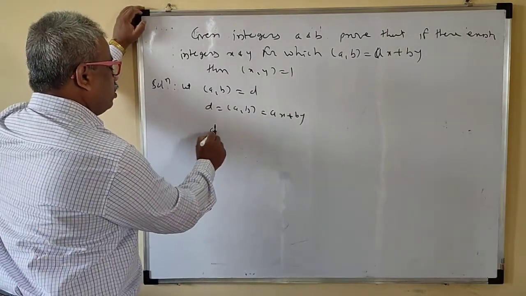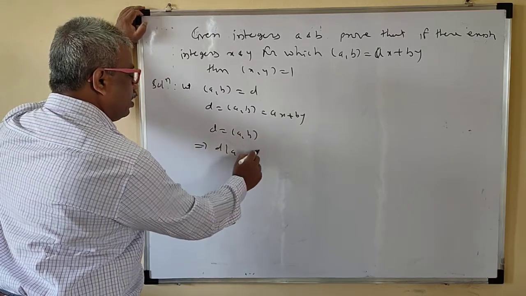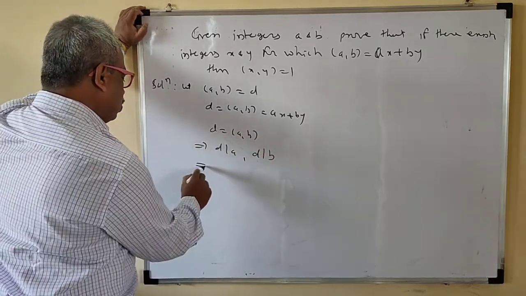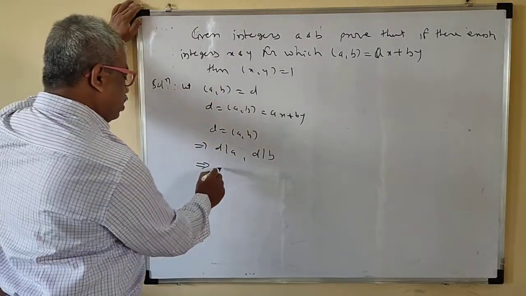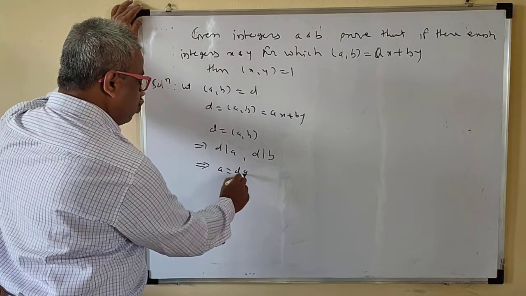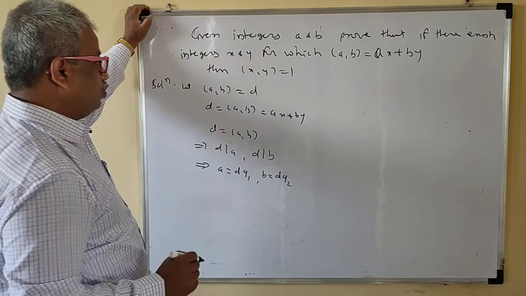So now D is the GCD of A, B. What does it imply? D divides A, D divides B. This implies that A is equal to D Q1, B is equal to D Q2.